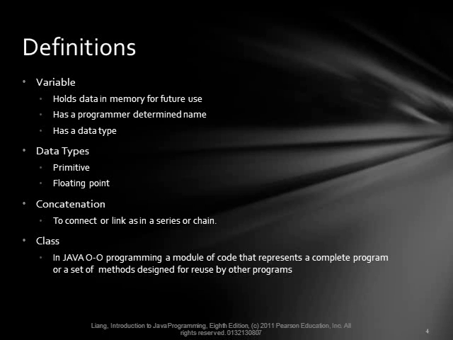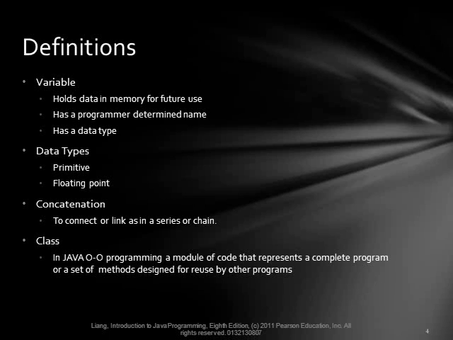So for example, if I had a variable named first name and its value was Kenneth, and I had a variable named last name and its value was Grenier, I could concatenate those two variables together to build Kenneth Grenier as one string.